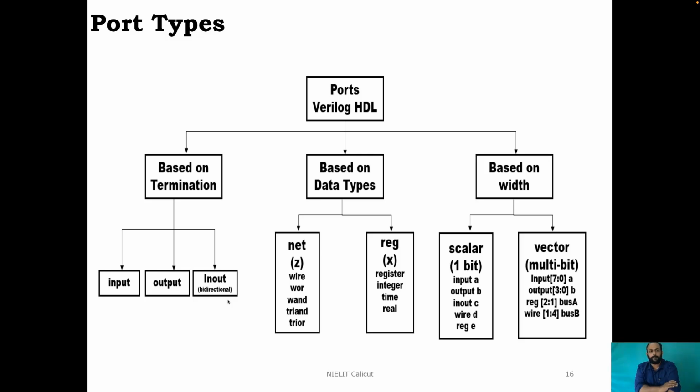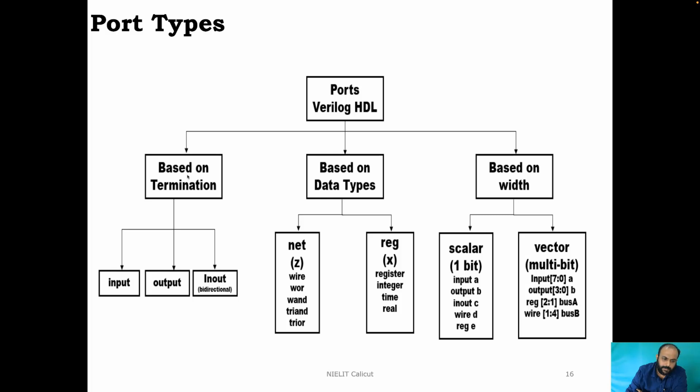Now the next part of the module is basically ports. As I told, ports are those connections that a hardware uses to interface with the external world. Ports in Verilog can be classified into 3 categories based upon certain criteria.